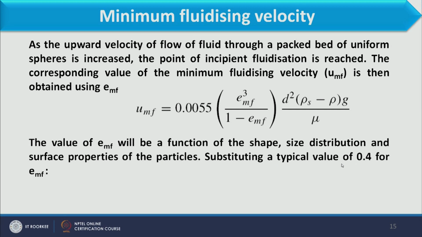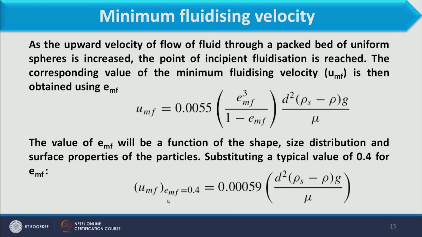Substituting a value of EMF as 0.4, we get the minimum fluidization velocity as 0.00059 times the remaining terms, and this expression is taken as it is from the previous equation. Though we have to calculate voidage, if voidage is 0.4, the minimum fluidization velocity can be calculated directly from this expression.